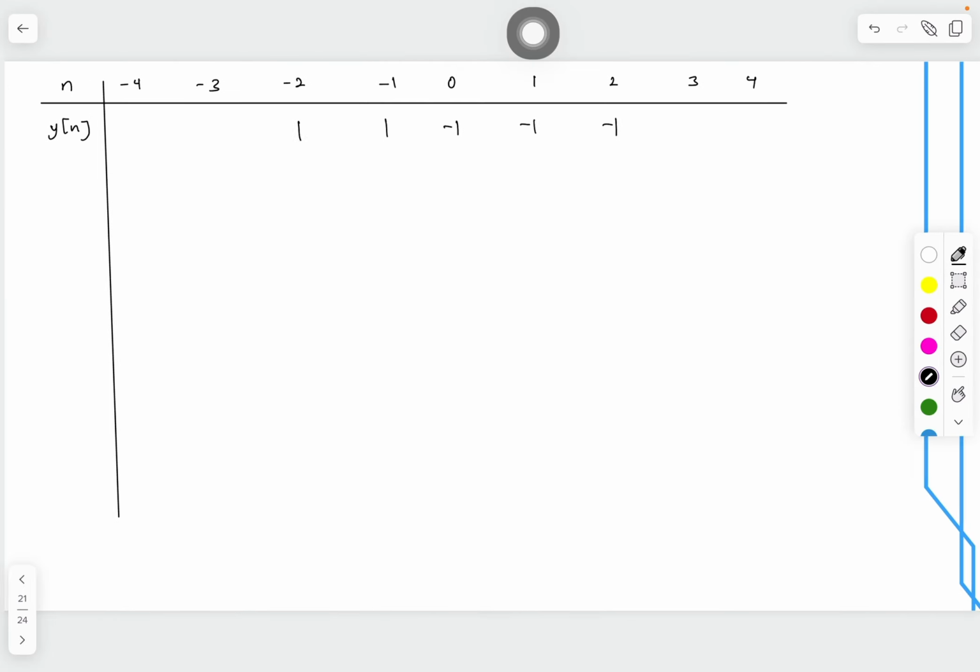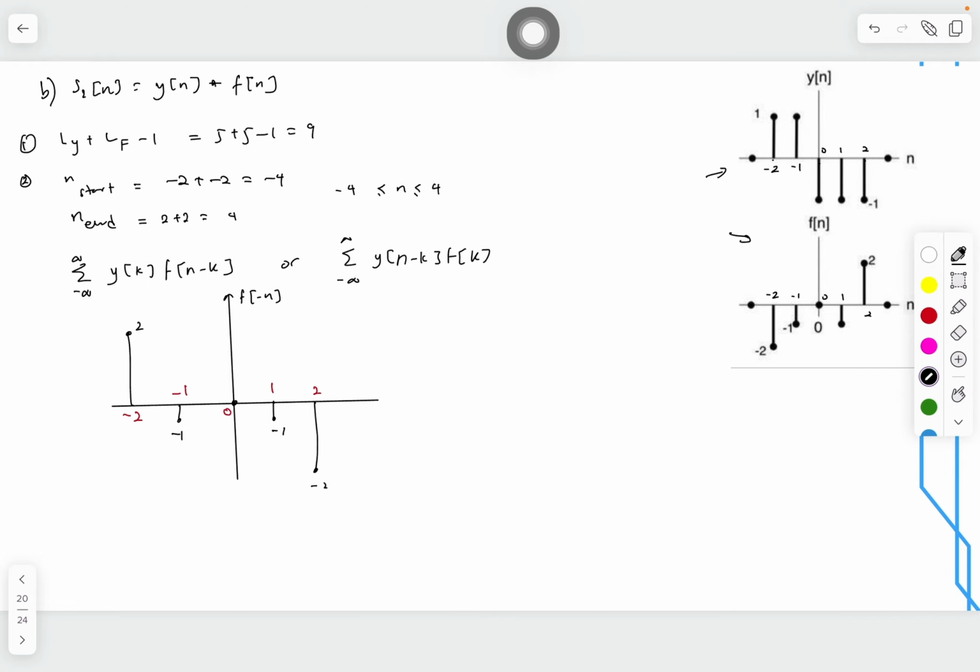These are the amplitudes. And then for the f of negative n, this is the signal that we are going to shift to the right. So the first time it's going to be shifted by minus 4, because our n starts at minus 4, which means that this point here is going to be at minus 4.